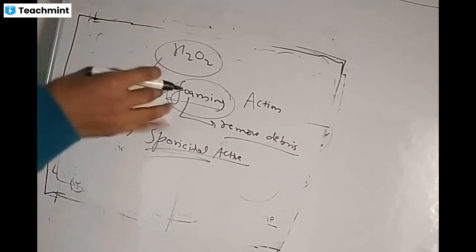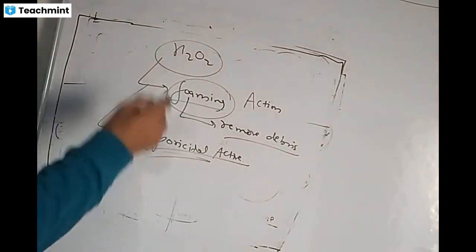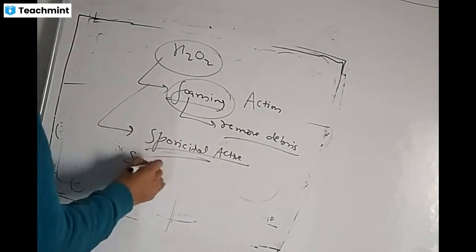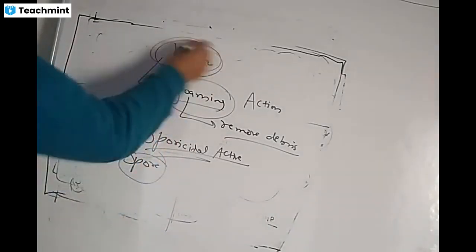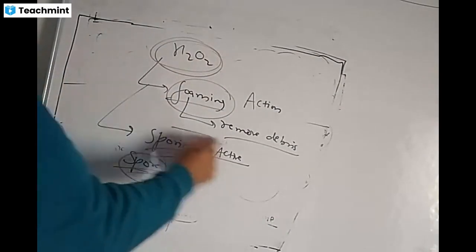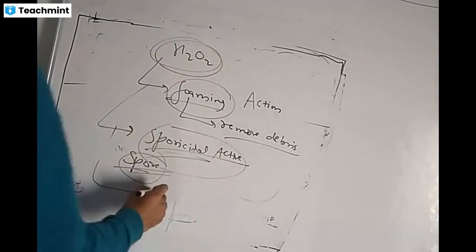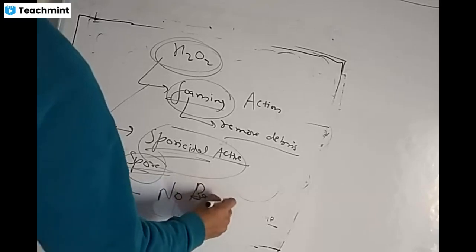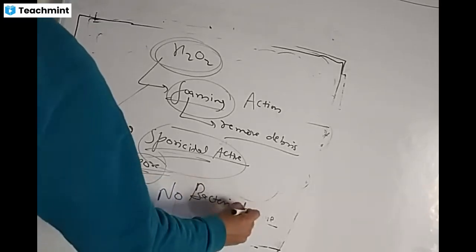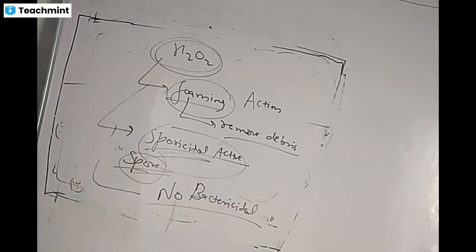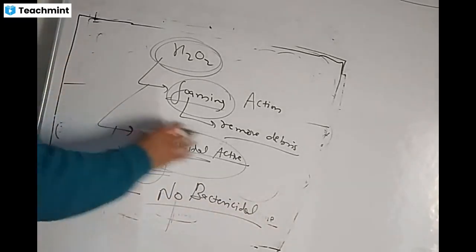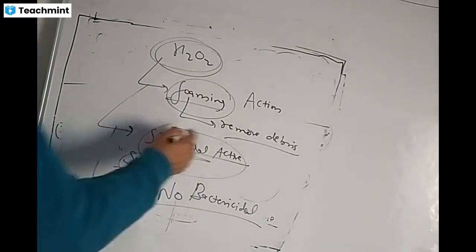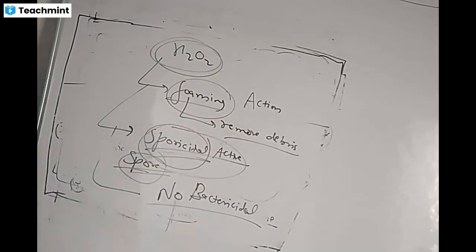A wound which is dirty, filled with soil, and soil is a good source of Clostridia. Clostridia produce spores, so H2O2 will kill the spore. So it is sporicidal, but it has no bactericidal activity. It will not kill the bacteria. But if it is a clostridial soil-contaminated wound, then it will kill the spore.